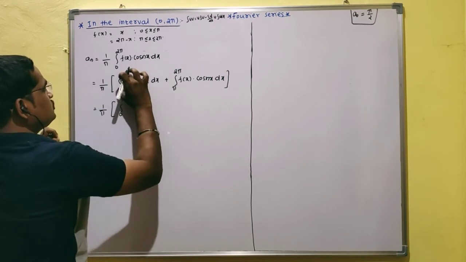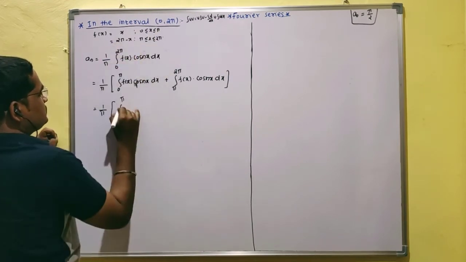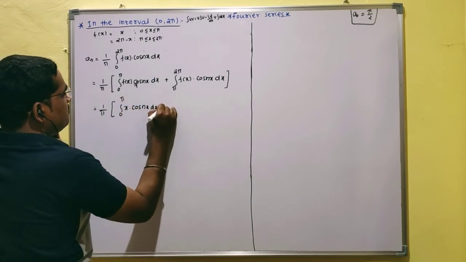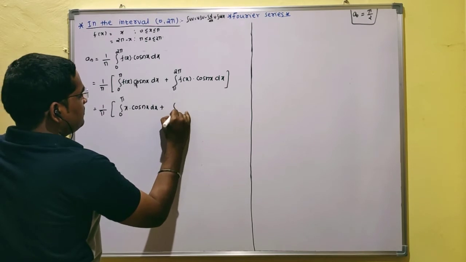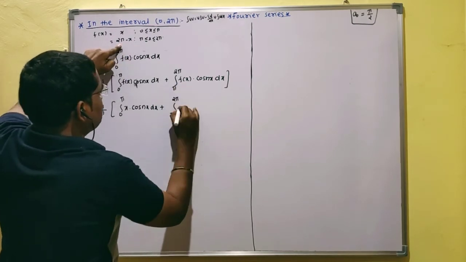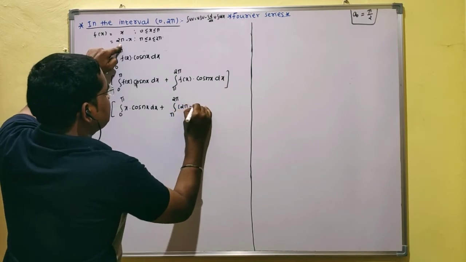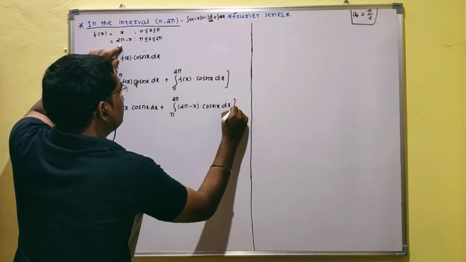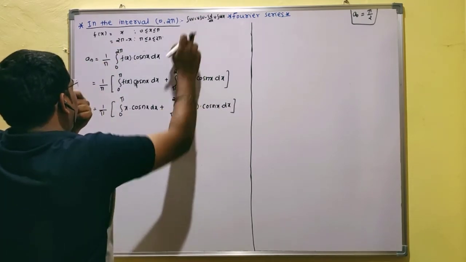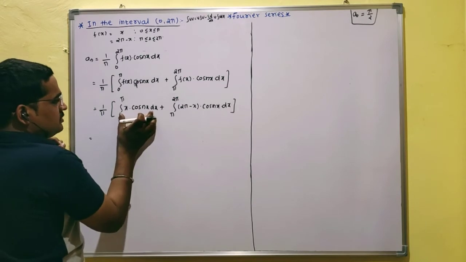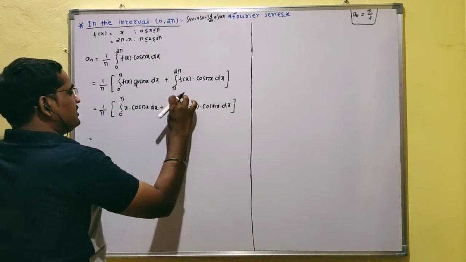For integration 0 to pi, what is that function? x into cos nx into dx plus this integration pi to 2 pi. What is the value of f of x for this range? 2 pi minus x into cos nx into dx. Now apply this formula for finding both integrations, okay, and for both the integrations the limiting values are different, okay.